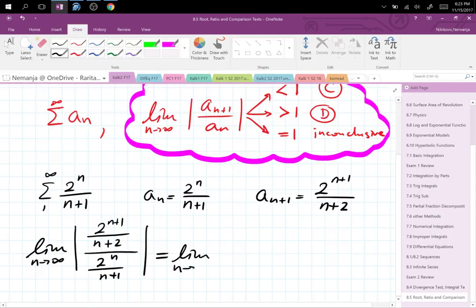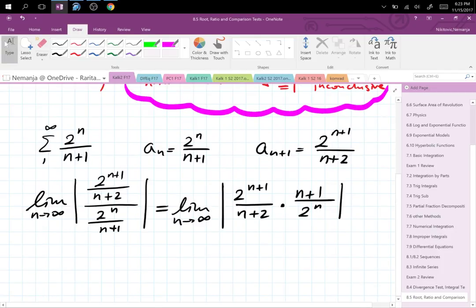Well, we have division of two fractions, so we know that we are supposed to flip and multiply. And now, the way to solve this limit would be to cancel as much as possible.